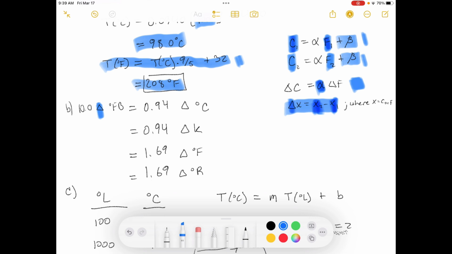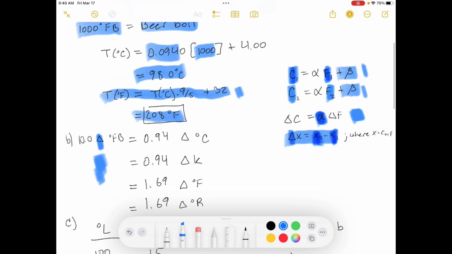Okay, so the only thing that you need to use in this instance, when you're converting Farblanget, is you need to know what the scaling factor is, which is this number. So you scale it just by this number. You don't add 4 because that cancels out when you're doing a temperature difference.